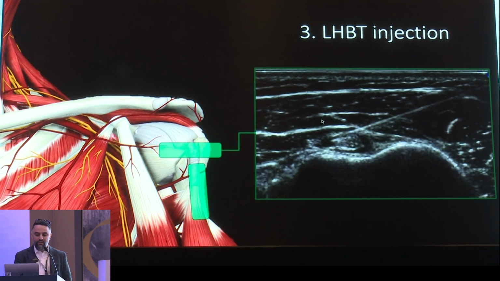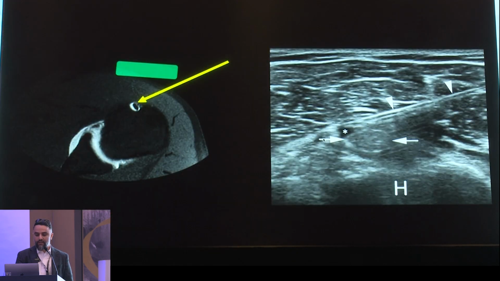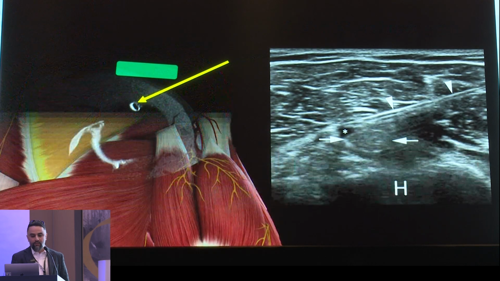Now there's a small circumflex artery you have to avoid before you inject, and it's nicely seen in this diagram. You need to avoid it because the steroid is a particulate medication, and you don't want to embolize anything if you see any vascular structure.